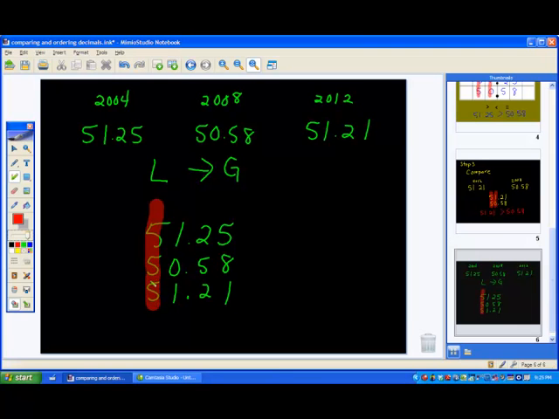They all have 5 in the tens place. Here, I start to see a difference. The 0 is smaller than the other two, so I already know that this one's going to be my smallest. So I'm going to put it first in the list. Okay, now that one's done with, so we don't need it anymore. And we're going to be comparing these two.